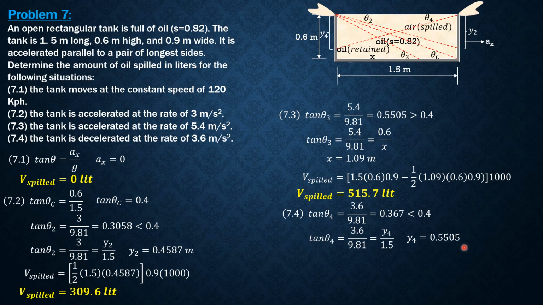So y sub 4 is equal to 0.5505 meter. Then finally, volume spilled is the volume of this triangular wedge. So 1/2 of 1.5 times y4, 0.5505, times the width perpendicular to the board, 0.9, times 1000. So volume spilled is equal to 371.6 liters.